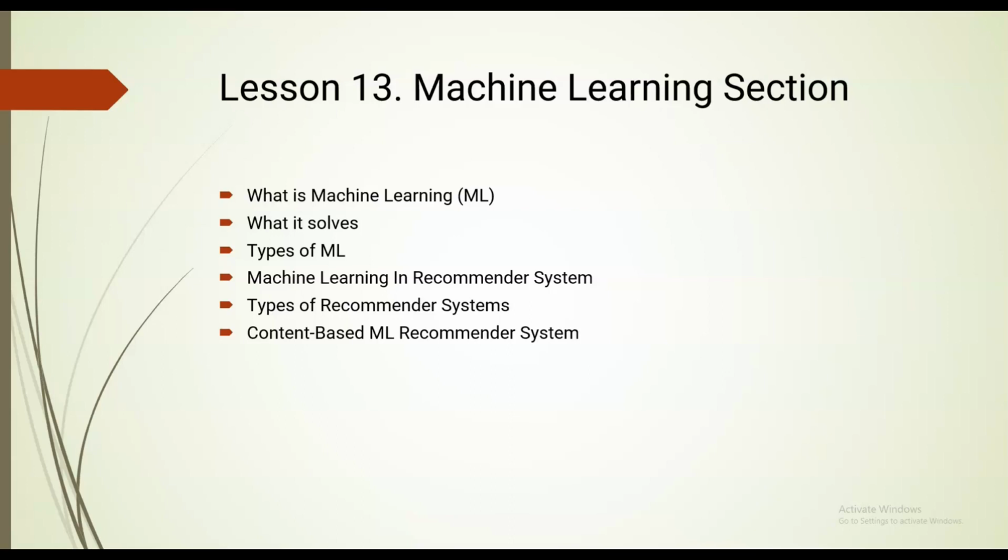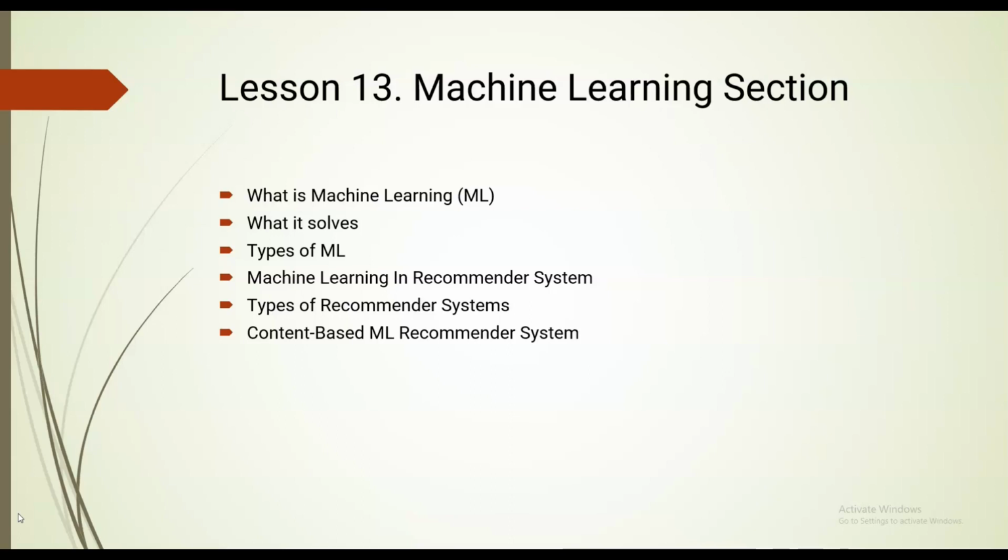In this lesson I would like to go through what we are going to cover in the next lessons. To start with, we will look into what is machine learning. After that, we will talk about what it solves.